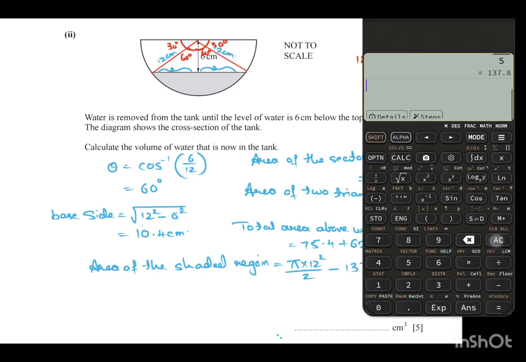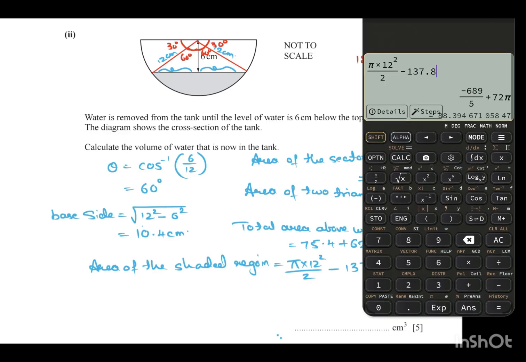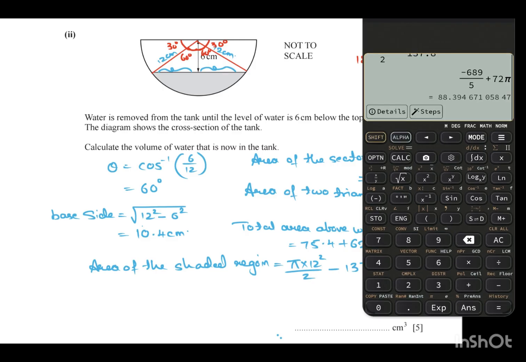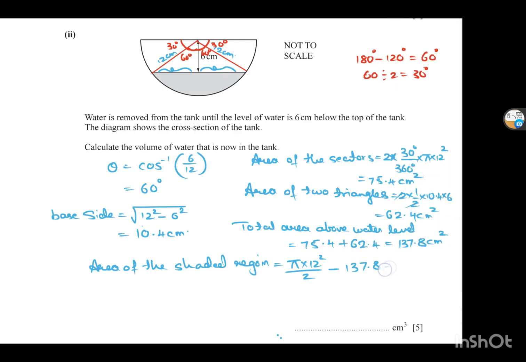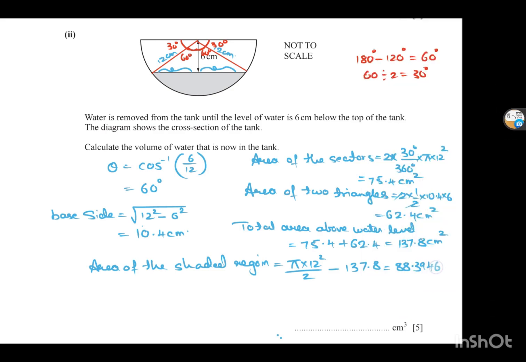Find out pi into 12 square by 2 minus 137.8, which is 88.394, about 88.39 centimeter square.